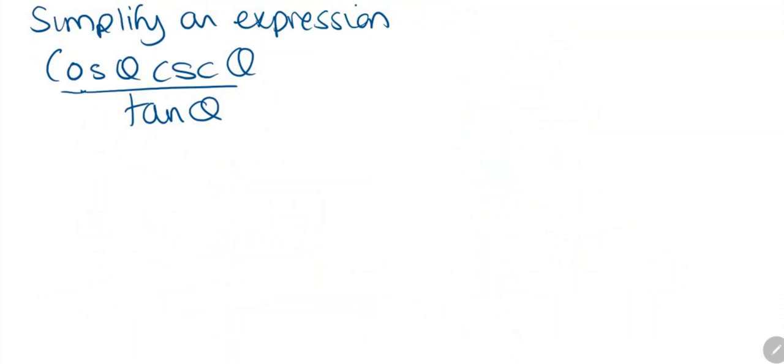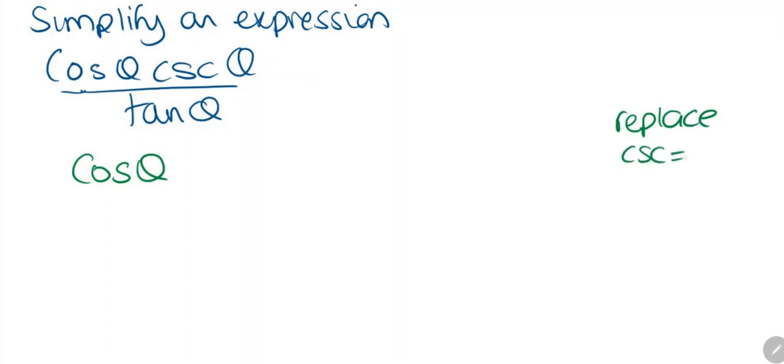Okay, so we're going to look at another example. This time we simplify an expression. So we have cosine theta, cosecant theta over tan theta, and we need to simplify this. So I'm going to keep my cosine, but I'm going to replace my cosecant theta.